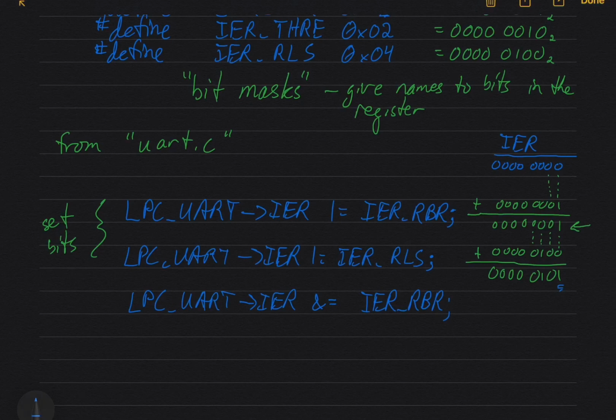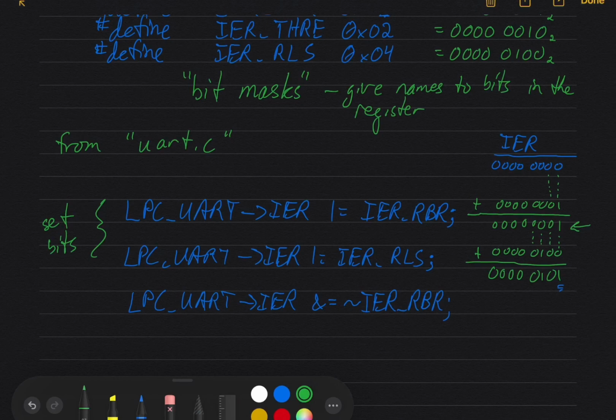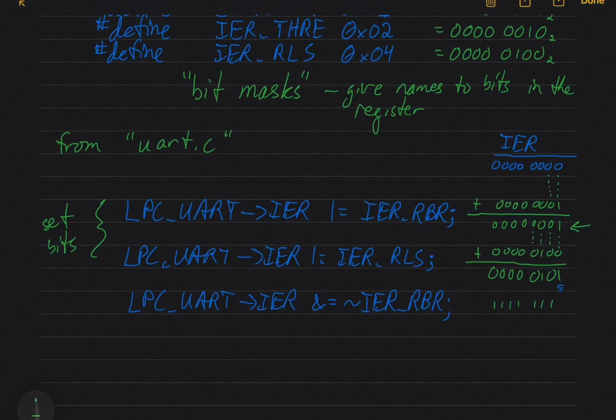We want to set that bit to 0. So what we have to do is use the bitwise NOT operator. The complement of the IER_RBR bit mask is going to be 1, 1, 1, 1, 1, 1, 1, 0.